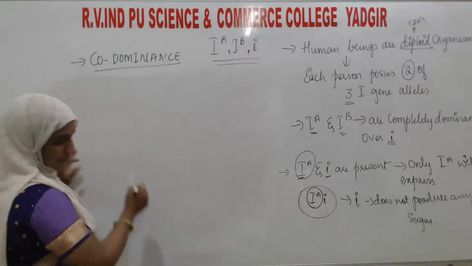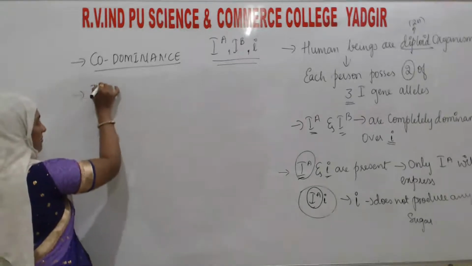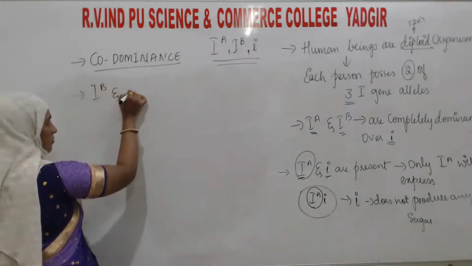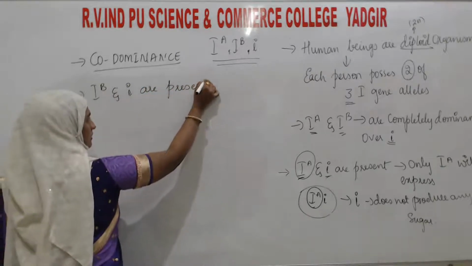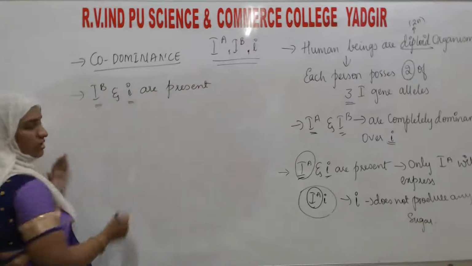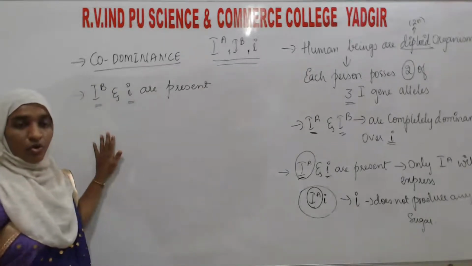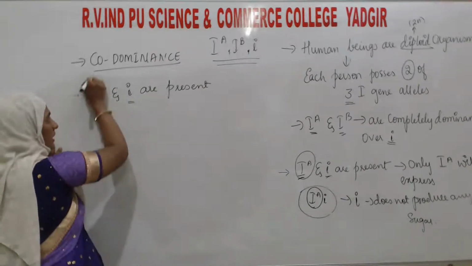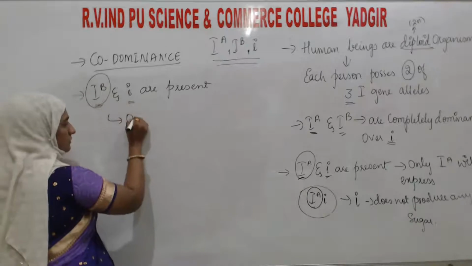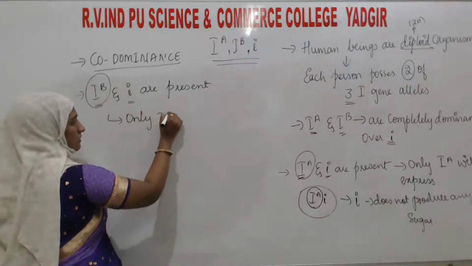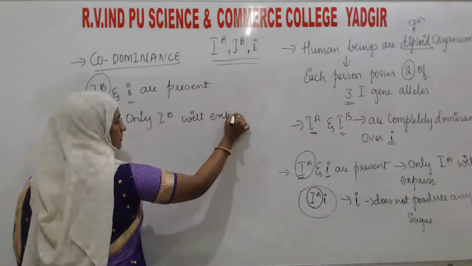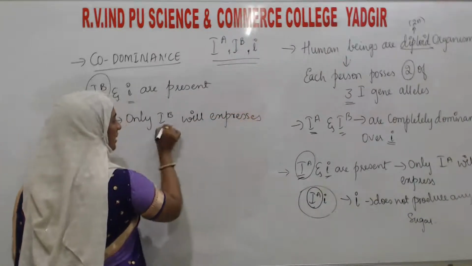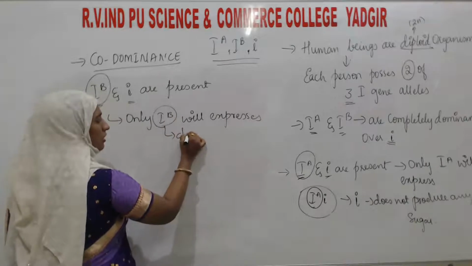When IB and small i are present, only IB will express, because IB is the dominant.